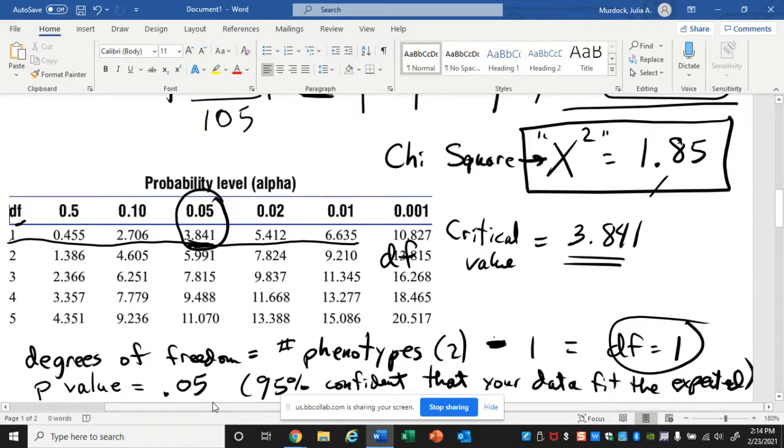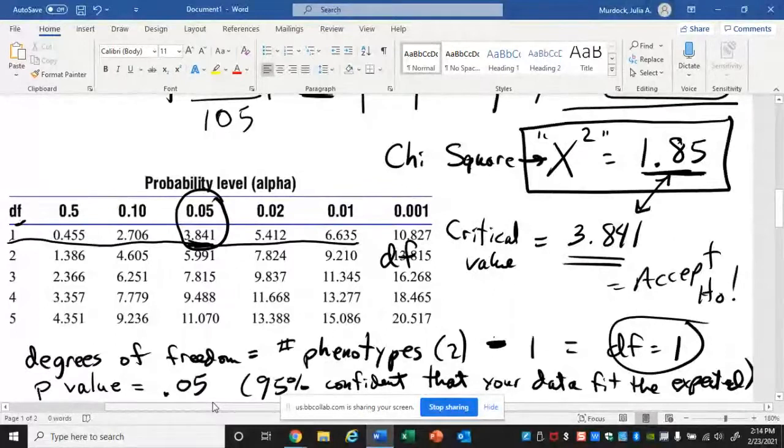So if we compare these two numbers, the number you calculated and the critical value that we got from a probability alpha table, what we say is, if the number that you calculate is smaller than the critical value, you can accept your null hypothesis. In other words, happy day, your data is a good fit.